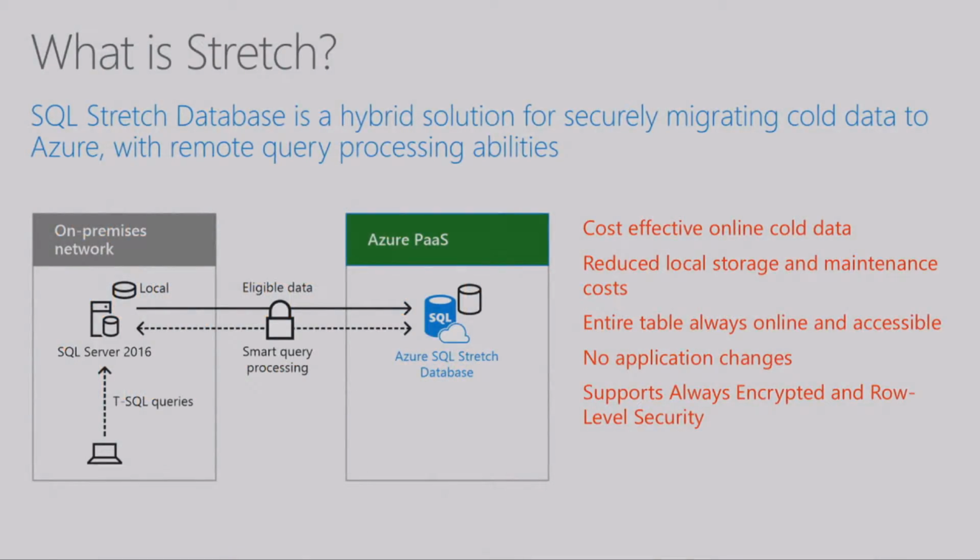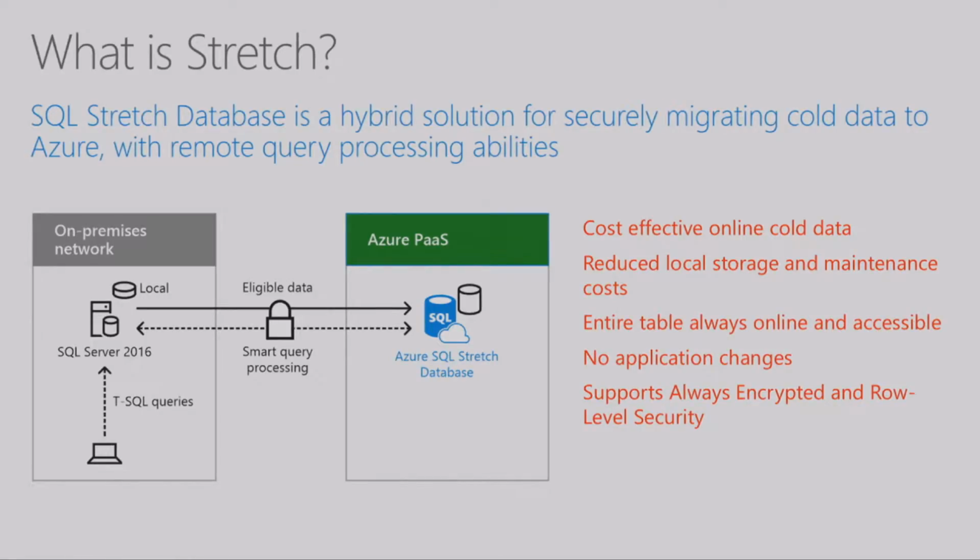So what is Stretch? Stretch database is a feature in SQL Server 2016 that allows you to securely and transparently migrate your cold, historical data from your local network, from your enterprise storage, to Azure.